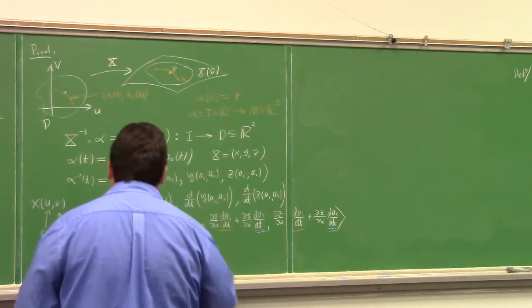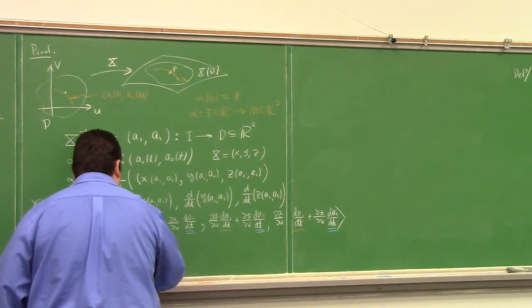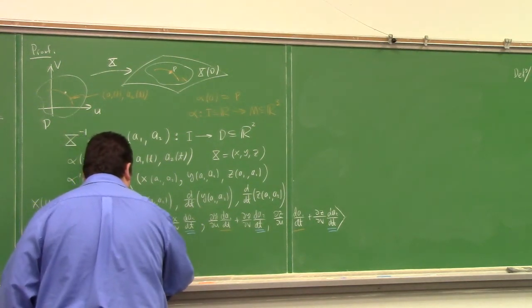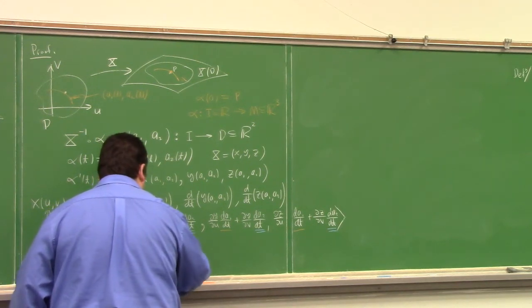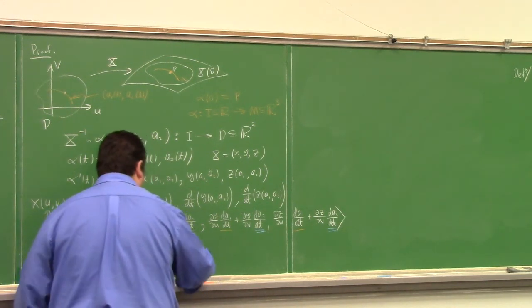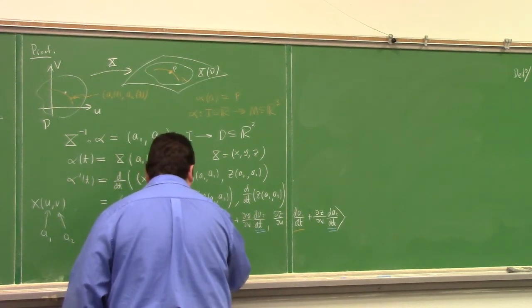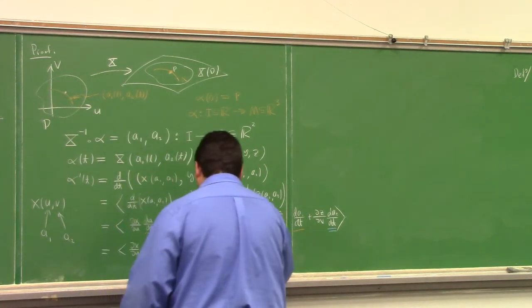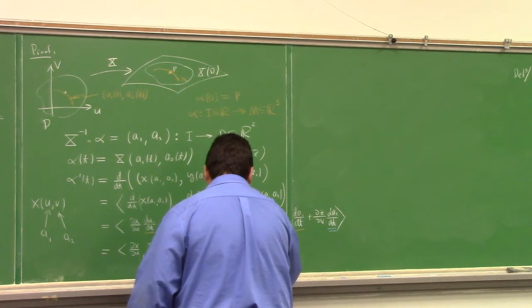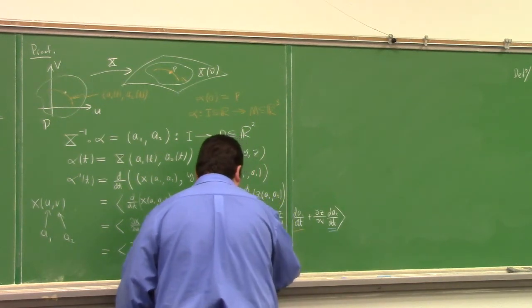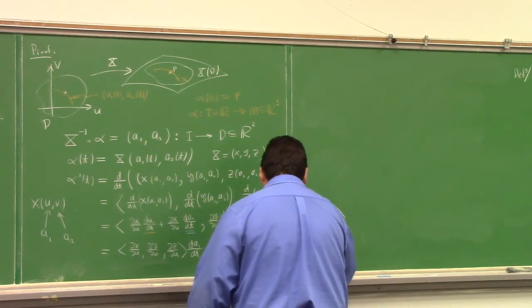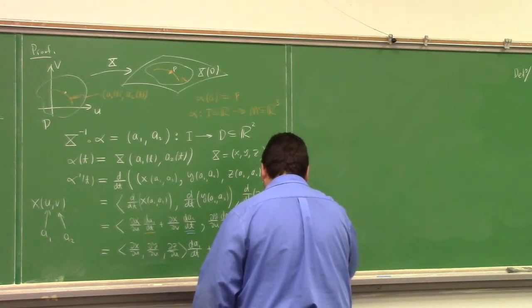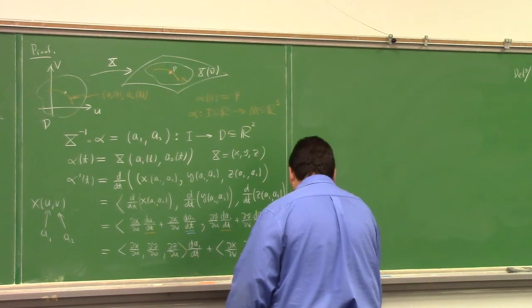We have partial x partial u, partial y partial u, partial z partial u, dA1 dt, plus partial x partial v, partial y partial v, partial z partial v, dA2 dt.